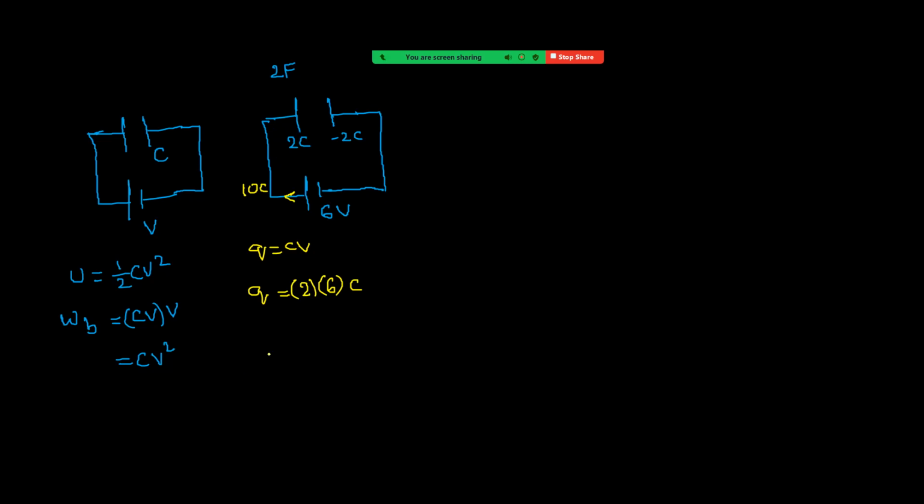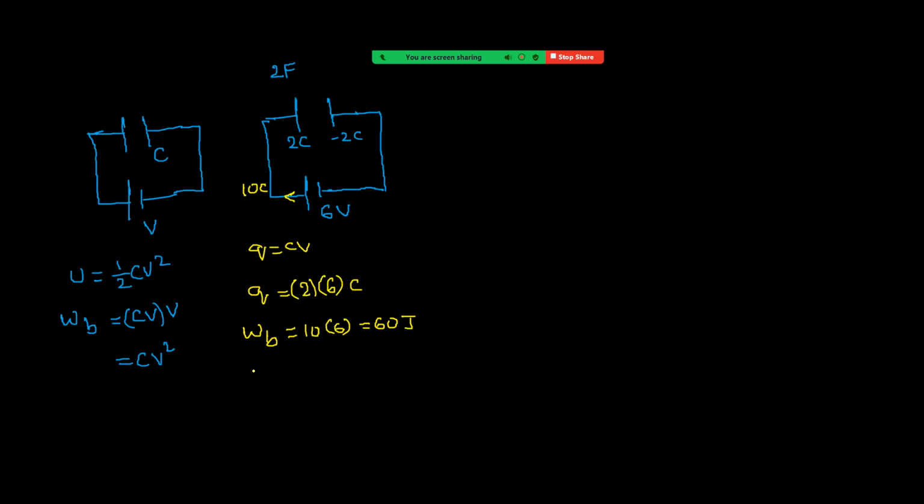That means the work done by the battery: 10 coulomb charge is flowing through the battery from low potential to high potential inside the battery. So the work done by the battery is 10 into 6, it is now 60 joule. So this is the work done by the battery.